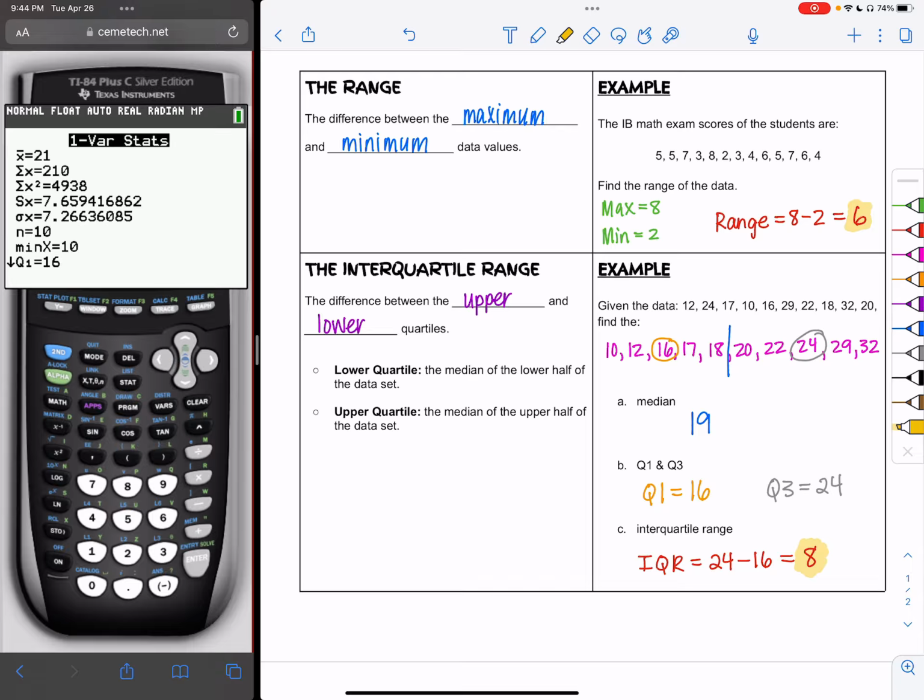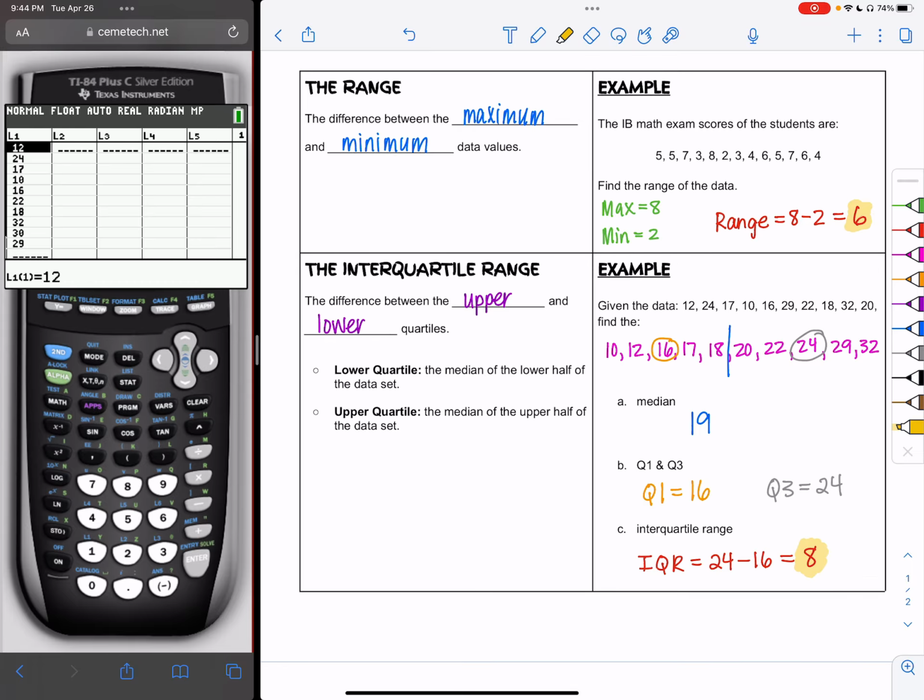If I scroll all the way down, I will end up seeing... and let me make sure I typed in all of my numbers right, just to double check. So we should have a 12, a 24, a 17, a 10, 16. Okay, we have a 29.